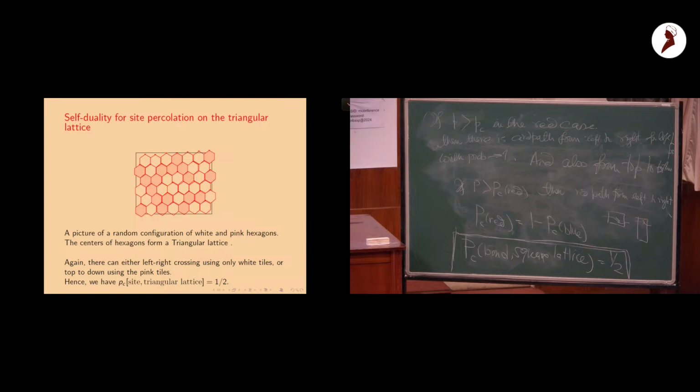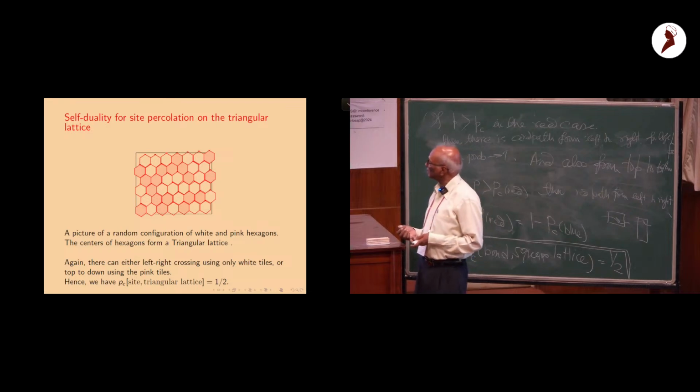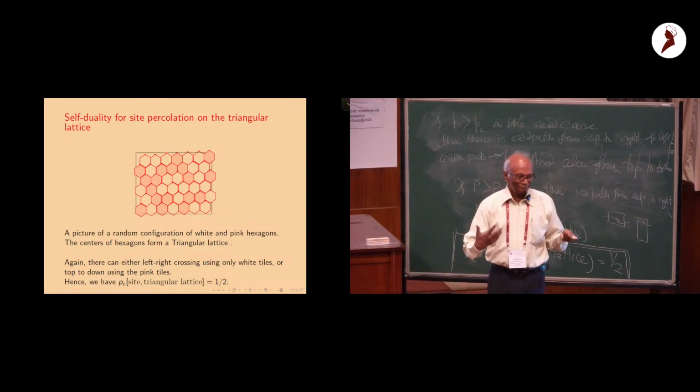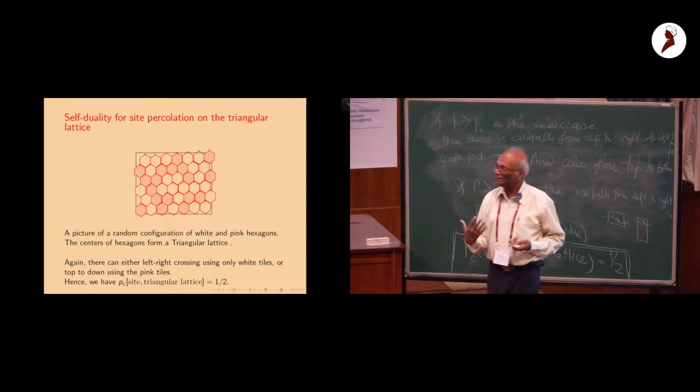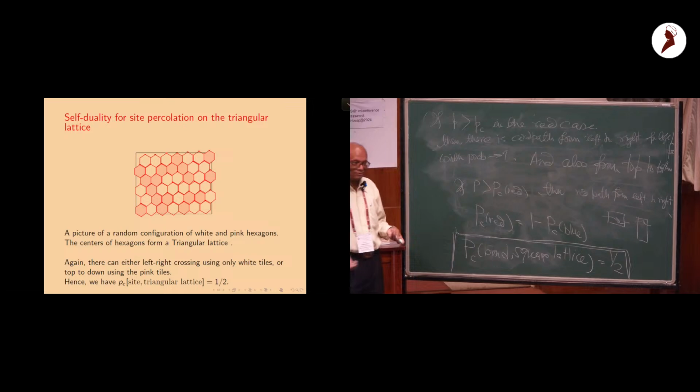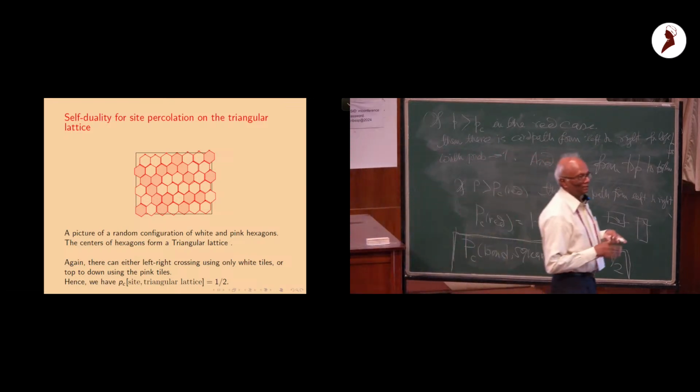But now we want to study duality for site percolation, not bond percolation. I take this hexagonal lattice and draw the site percolation problem where each hexagon is filled pink or white. It is actually a triangular lattice: I have drawn the dual hexagons, but you should imagine the centers of the hexagons as the vertices of the triangles, so I am working on the triangular lattice.